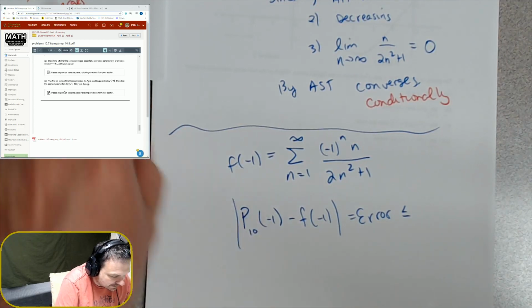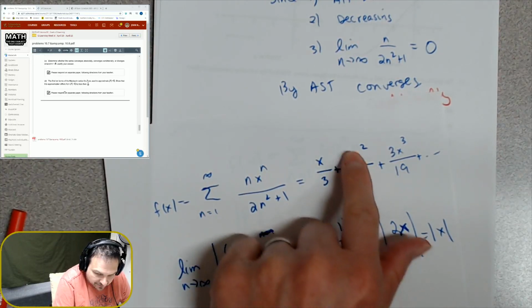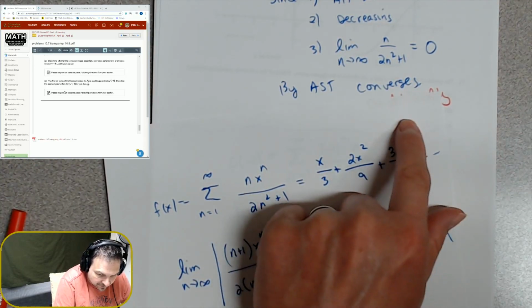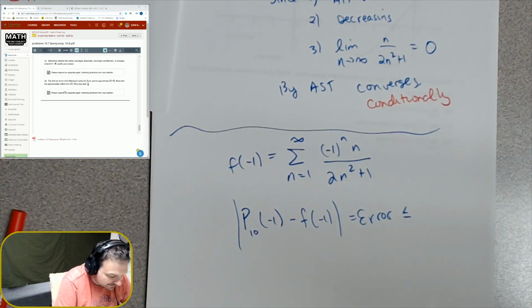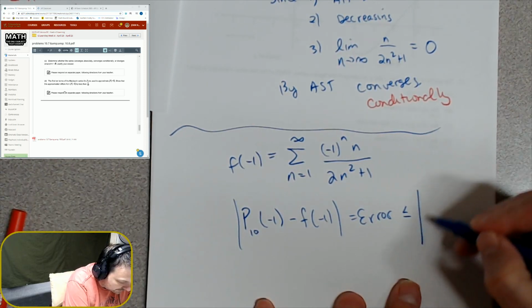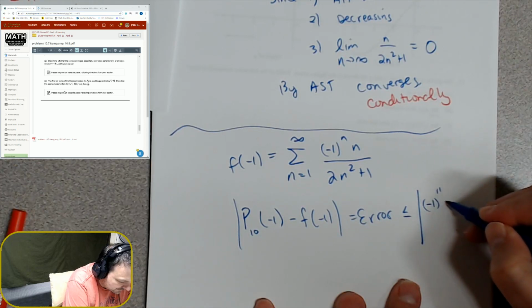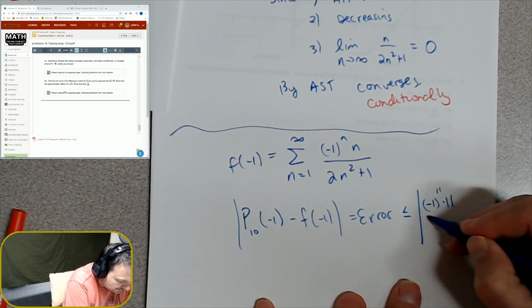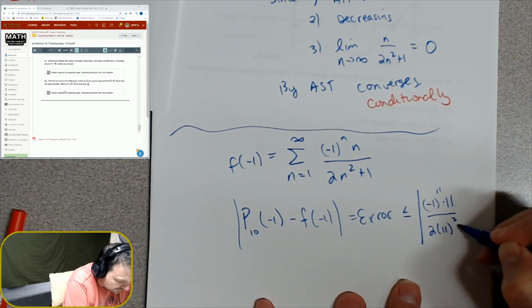Now let's double check. First term, x is 1. Second term, x is 2. Third term, x is 3. So the 11th term, the exponent of the x would be 11. So this is less than, let's plug in, negative 1 to the 11th times 11 over 2 times 11 squared plus 1.